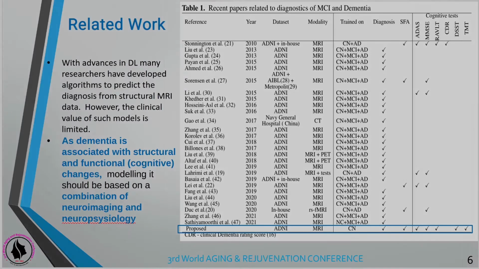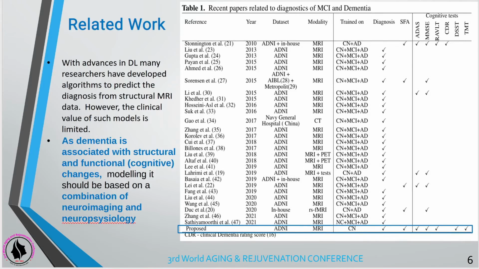As we mentioned earlier, dementia is associated with structural and functional changes. So it should be modeled with a combination of neuroimaging as well as neurophysiology.